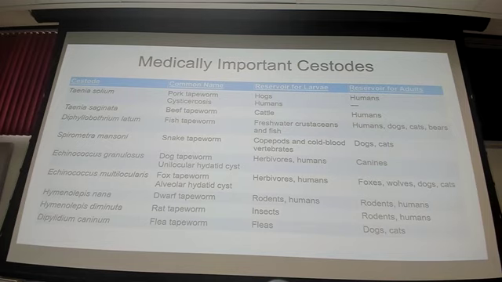For the subsets that we're talking about in this lecture, this is all about ecology. It's understanding the relationship between humans and these different animals that we have life cycles with. Sometimes we are accidental hosts, like with Spirometra, where we're kind of getting in the way of a normal cycle between predator and prey.